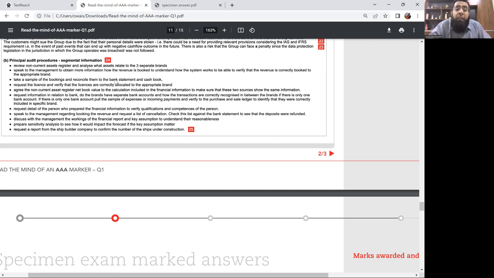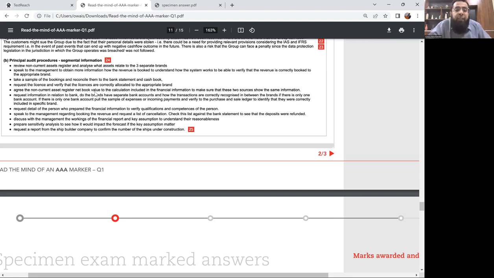Take a sample of bookings and reconcile them to bank statement. Request the license and verify if the licenses are correctly allocated to appropriate brand. Agree non-current asset register. He's just writing general procedures. He has no clarity that he has to focus procedures on segmental information only. Okay.